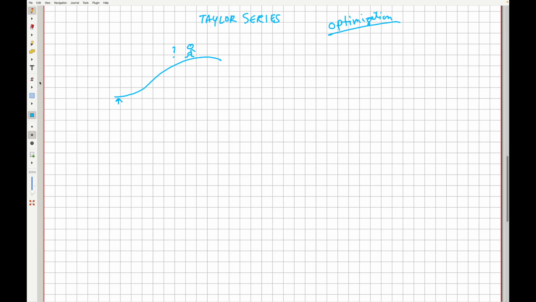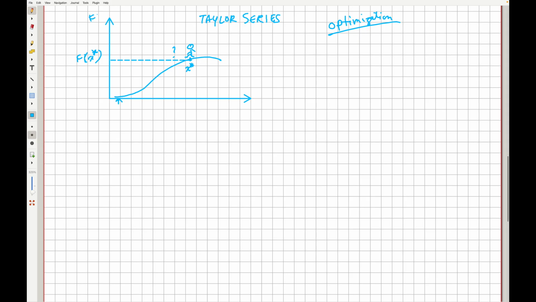And in this particular image that we drew, we can imagine that this is the horizontal direction, then this is the vertical direction, and what we are going to say is the point where we are standing on the hill is x star, and the height at that particular point on the y-axis is what we are going to call f of x star.